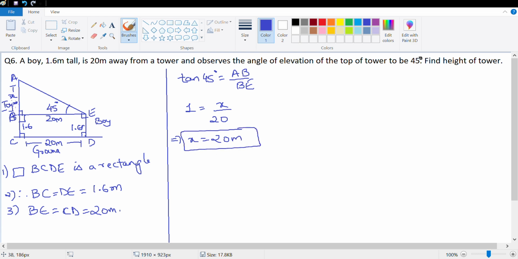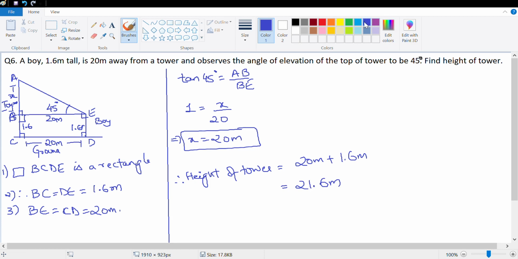Perfect. But is X the height of the tower? No, the height of the tower is AB plus BC. So let's just add this. Therefore, height of tower is equal to 20 meter plus 1.6 meter, which is equal to 21.6 meter.